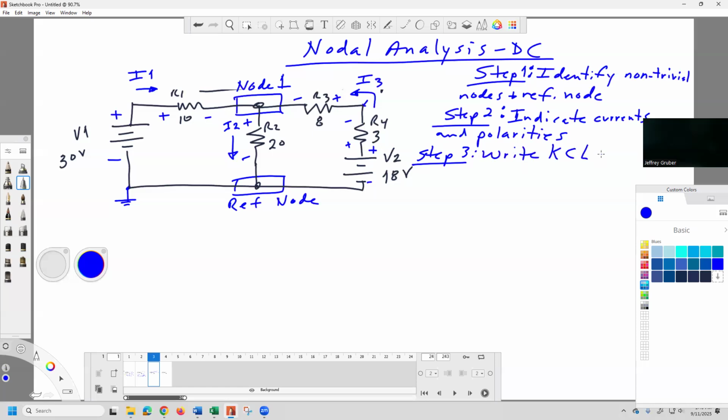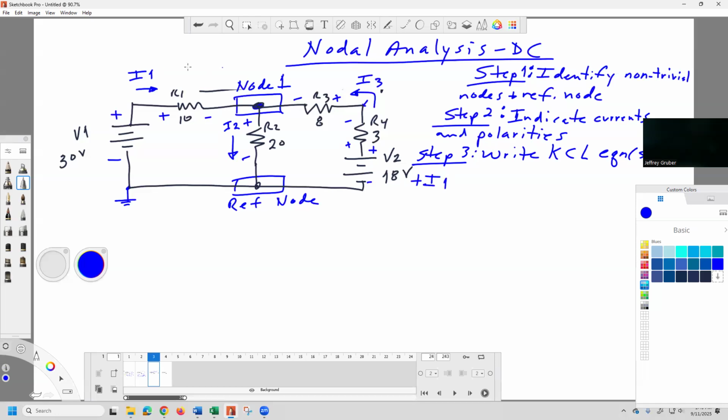Kirchhoff's current law equation. I'll put S in parentheses. If you only have one node, you're only going to have one equation, right? So let's write it right here. So here's our node. What's coming into our node? We have a plus I1.